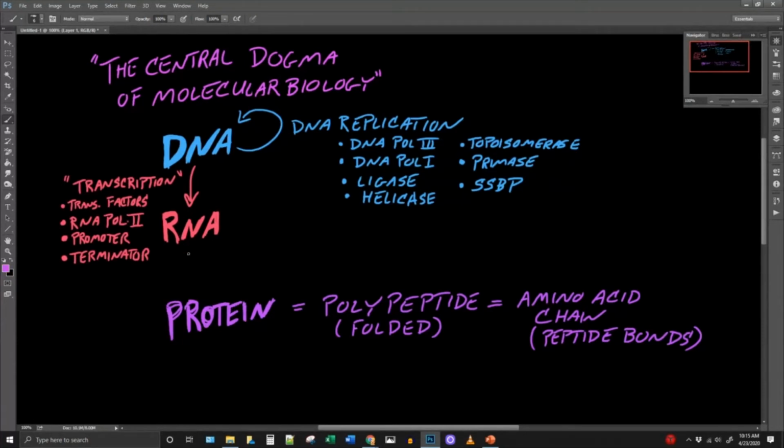But then we take that copy of the information and we have to translate it into polypeptide language, and we call that translation. DNA is your hard copy of the gene.